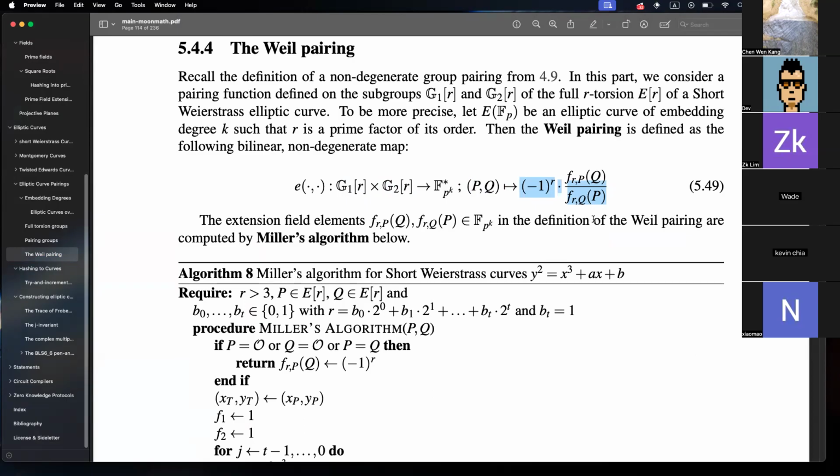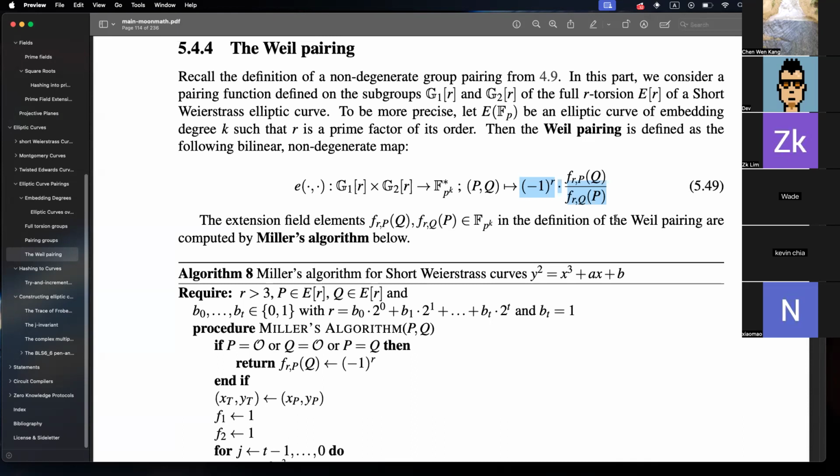So back to how to know if a curve is pairing friendly. Pairing friendly usually just refers to a curve that you can do pairing calculations on relatively efficiently.